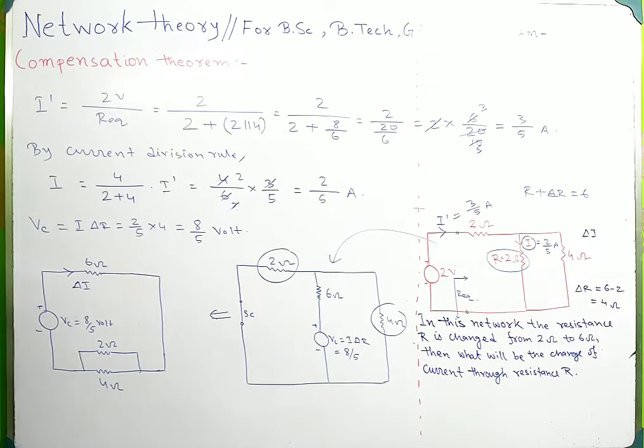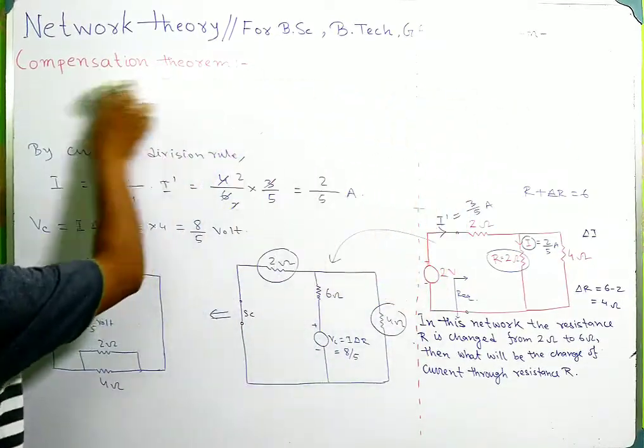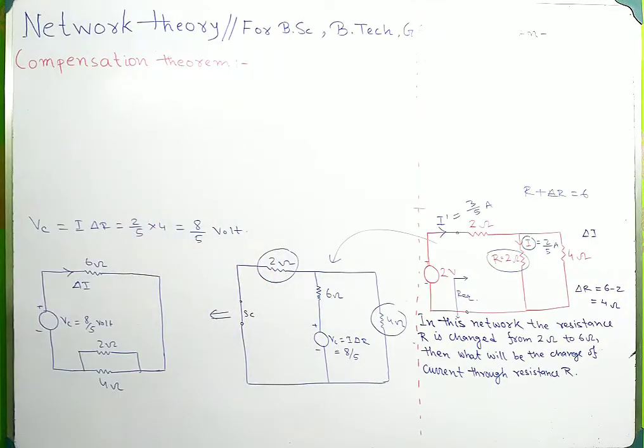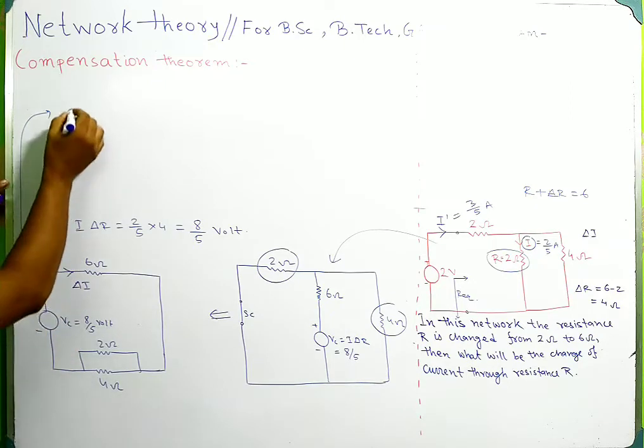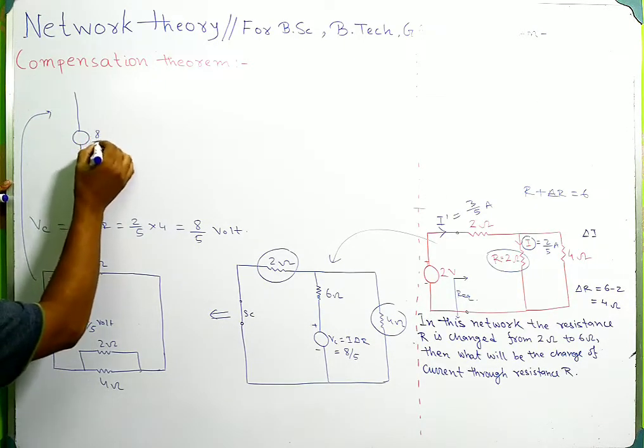Now we can redraw this circuit as this voltage source 8 by 5 volt.